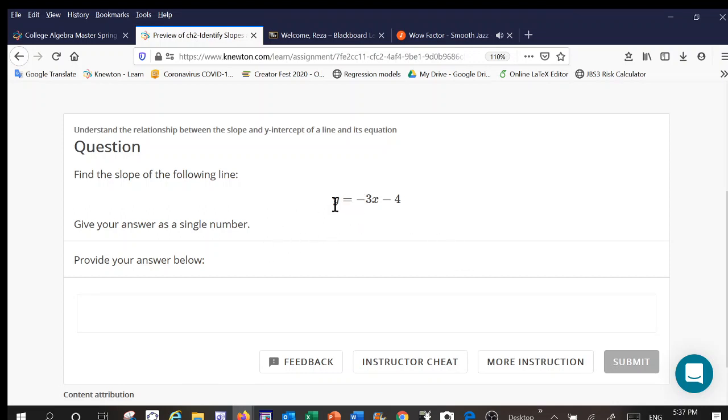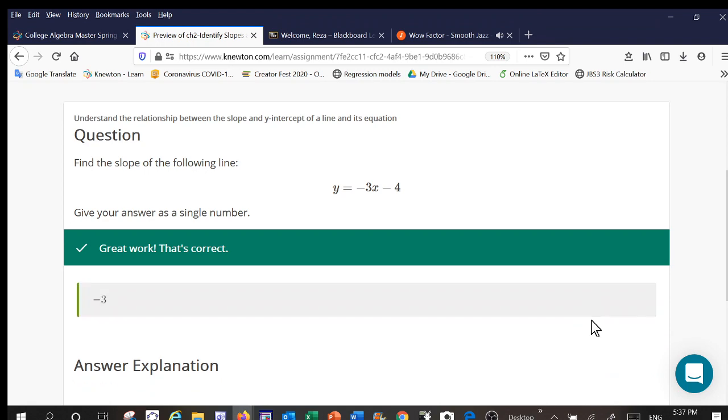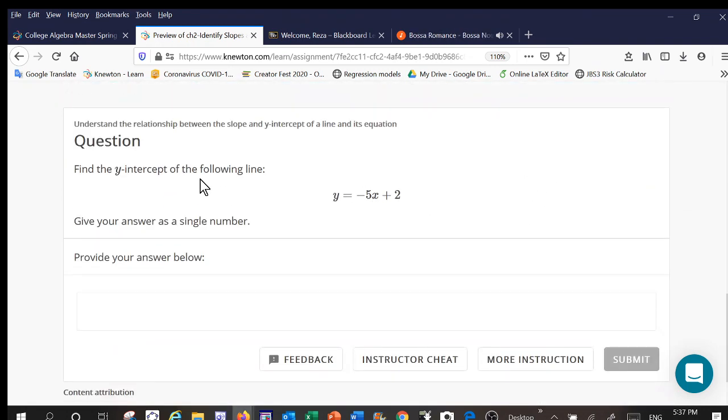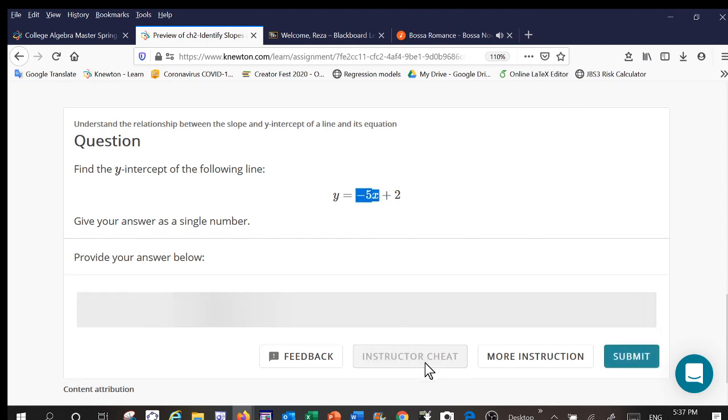Well, if you compare it to mx plus b, the slope is obviously -3. All right. It says find the y-intercept of this. Well, the y-intercept is that right there, +2. Or if you let x be 0, then y is going to be obviously +2.